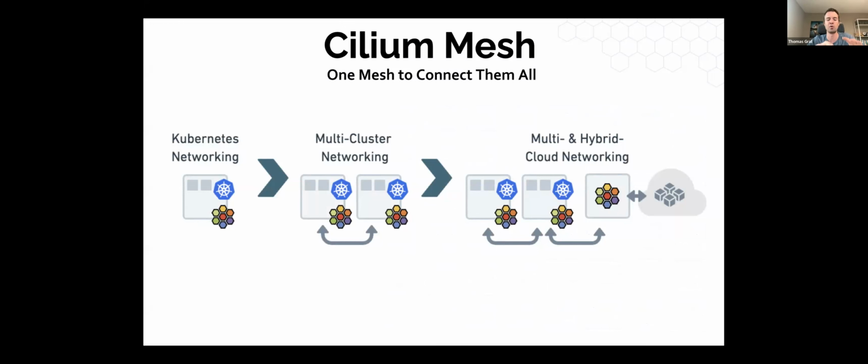So networking for a single Kubernetes cluster, or back in the days, even Docker or Mesosphere networking. The first expansion beyond the scope of a single cluster was multi-cluster or cluster mesh. And we'll talk a little bit about this. This allowed connecting multiple Kubernetes clusters together across cloud providers or within a single cloud provider, or even hybrid cloud across on-premise and public cloud boundaries.